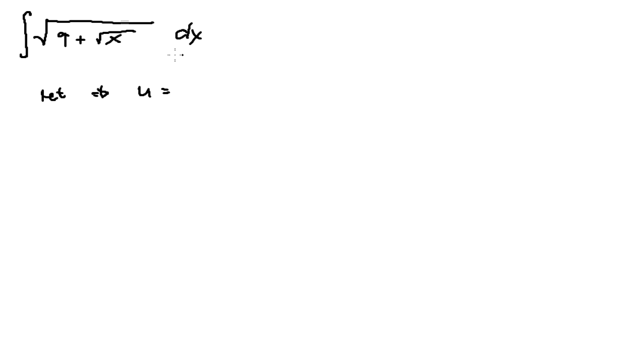So first, let's rewrite this in terms of power, which is 9 plus x raised to 1/2, right? And all this term is inside the square root sign, so we need to raise it by 1/2, and then dx. Okay, so let's go back here.